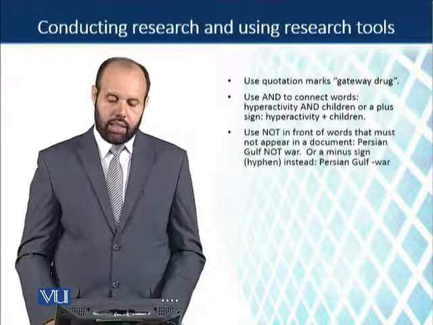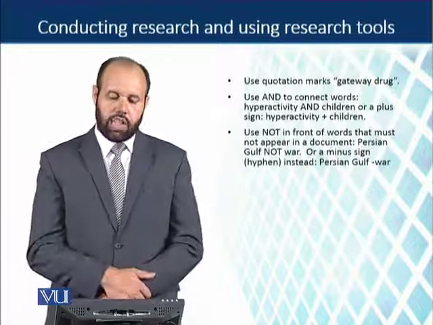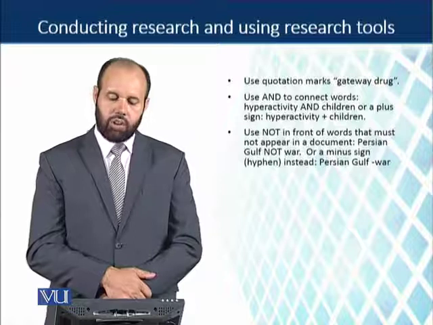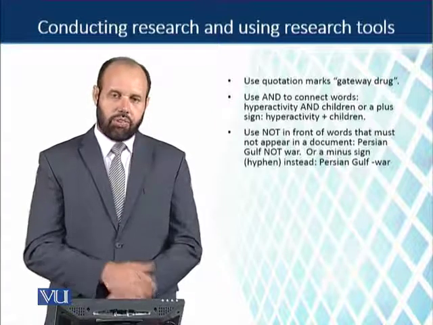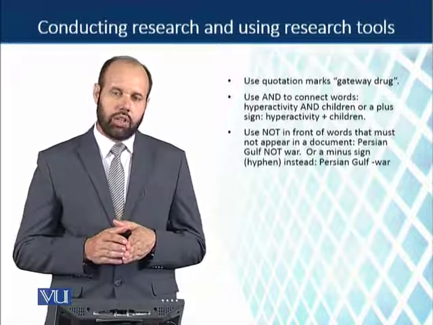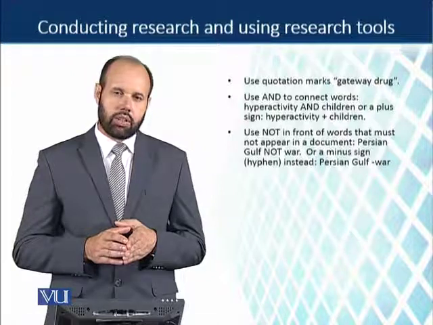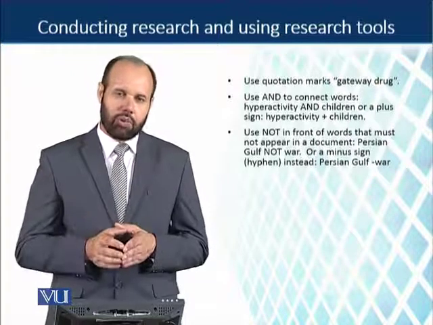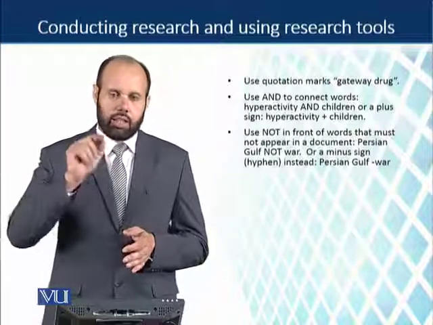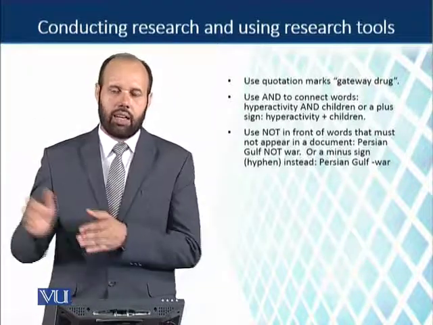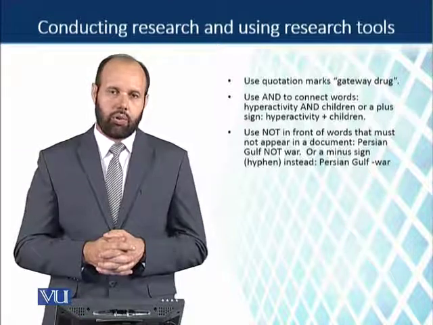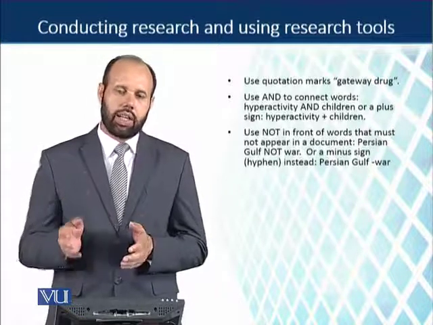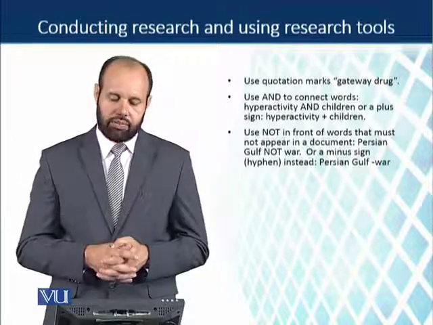Okay. Then you can also use the word NOT in front of words that must not appear in a document. So if you want to collect information, but you do not want it to be based on a particular aspect, you can just use NOT, negating that particular word. You're not including that aspect of the topic.